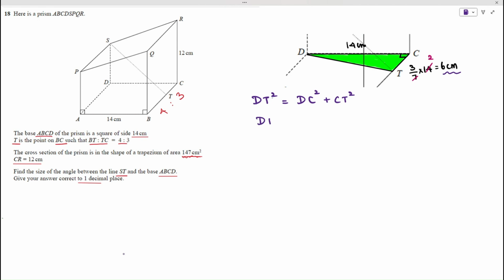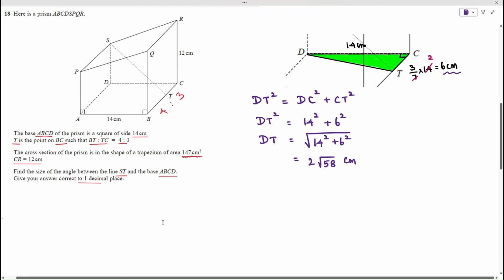So we get DT squared is equal to 14 squared plus 6 squared. So DT is equal to the root of 14 squared plus 6 squared. So DT is equal to 2 root 58. So this should be the answer that your calculator gives you. And now we have the length of DT as 2 root 58 centimeters.